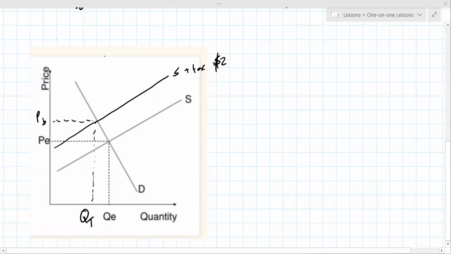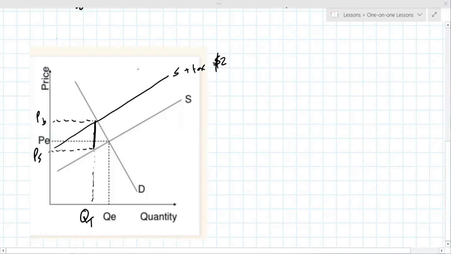This is a $2 tax. The seller receives this price down here. This tax wedge, which is what your instructor is trying to get at, is there. That's the three things that you need. Oh, okay, I understand now.